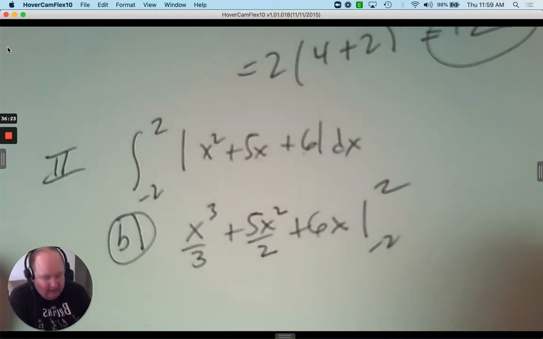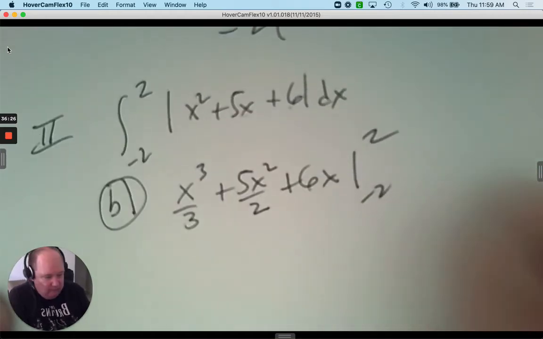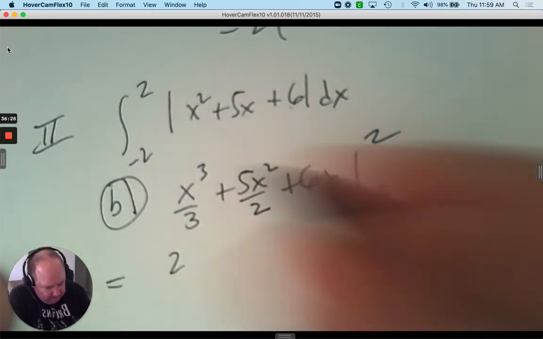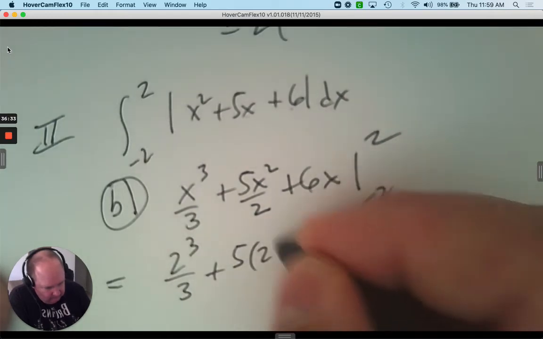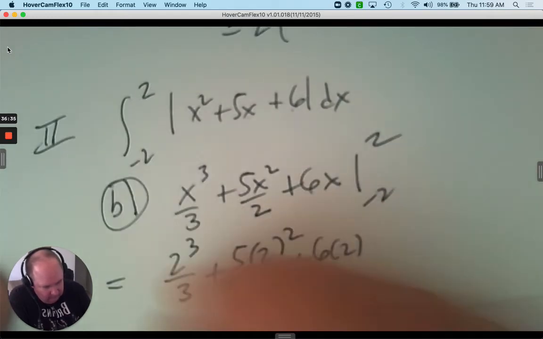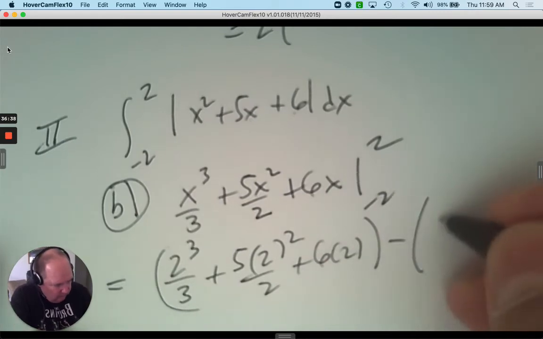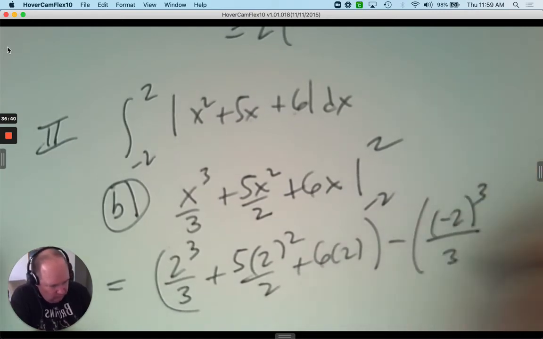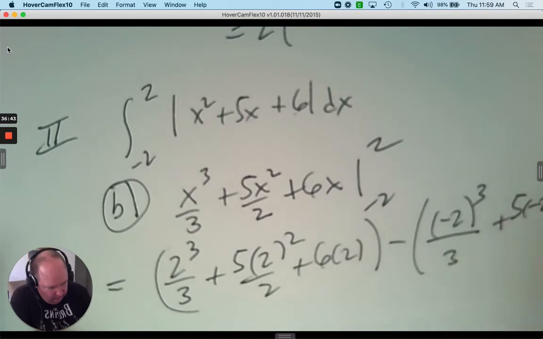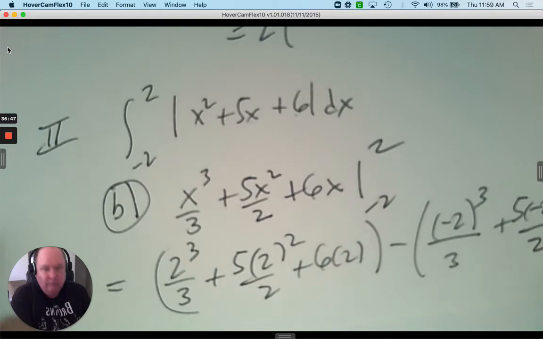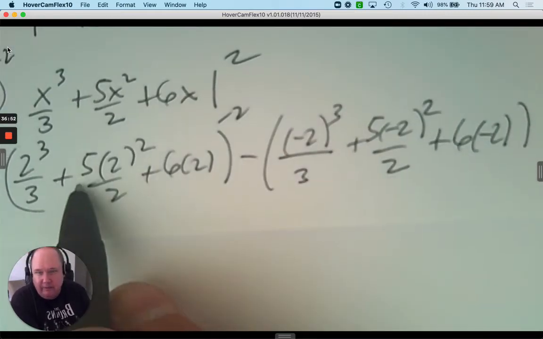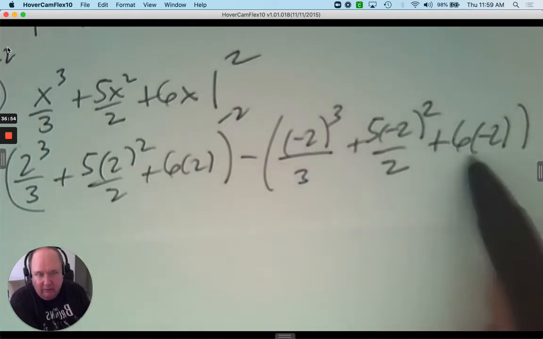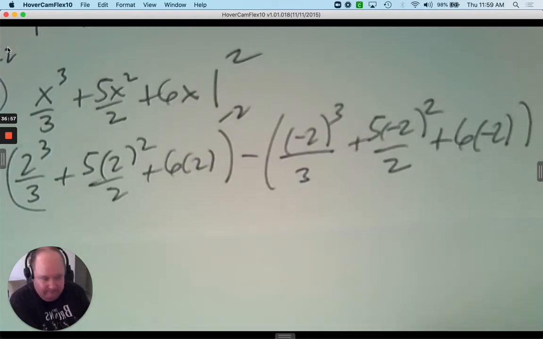And then it would be from negative 2 to positive 2, and then you'd plug it in from there. Let me show you. You plug in the upper limit, subtract the lower limit. Don't even simplify it. It's all good.